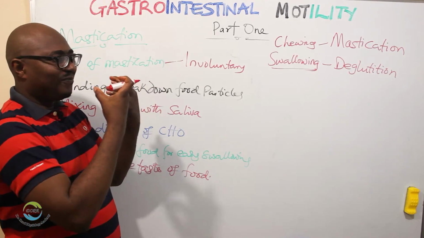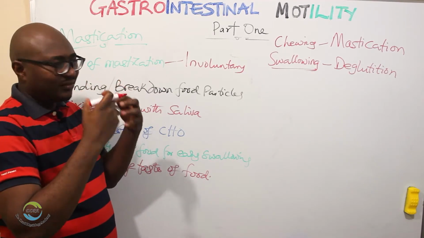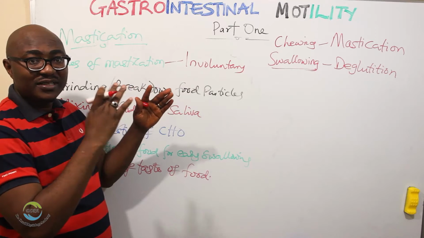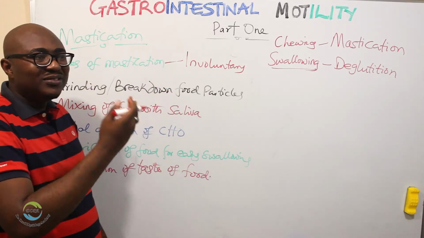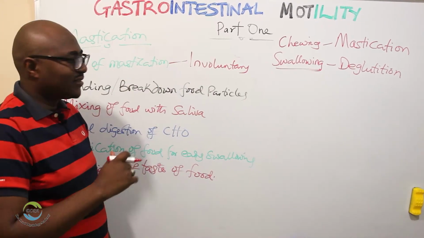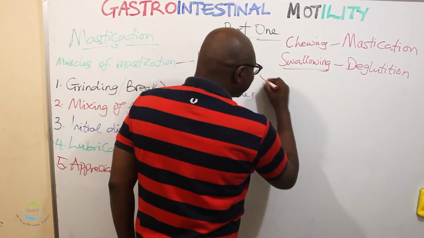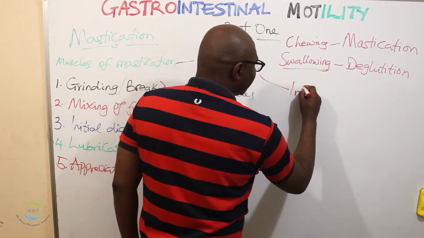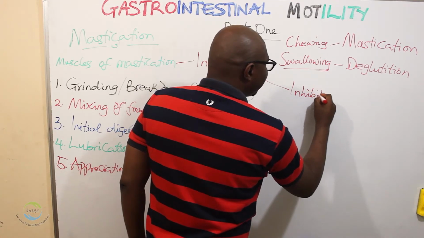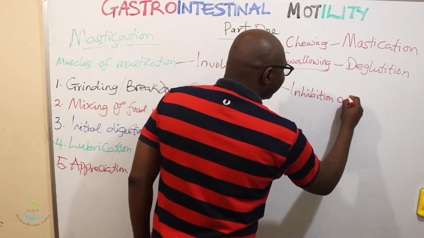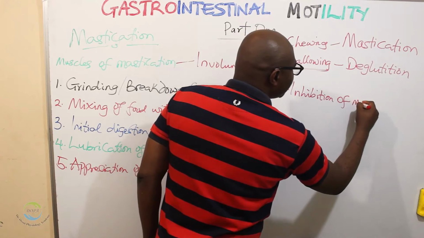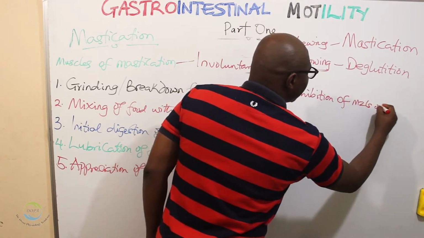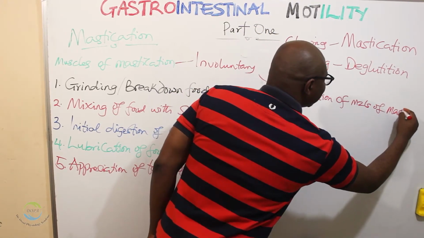So they sense that stretch, mechanoreceptors, stretch receptors in the mouth. And what happens? They inhibit. So immediately, when food enters, the first thing is that there's inhibition of muscles of mastication.